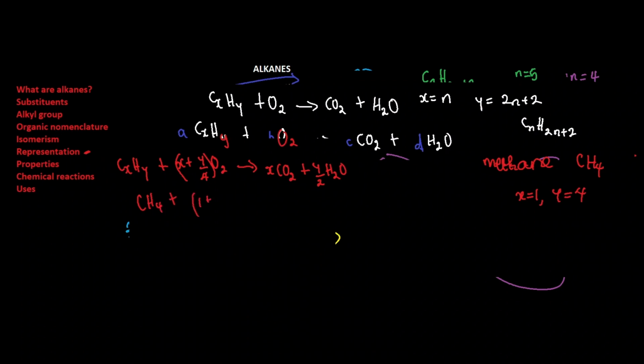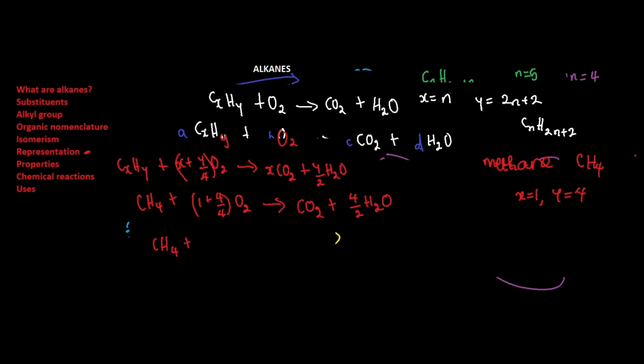So CH4 plus x is 1 plus 4 divided by 4 O2 would give us x, which is 1, that's CO2 plus y, 4 over 2 H2O.